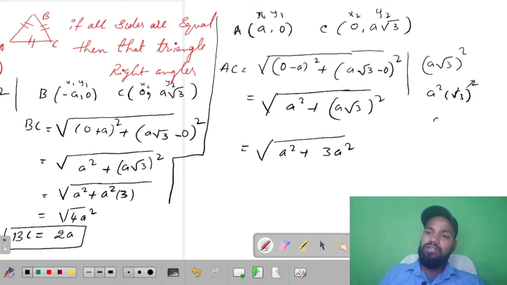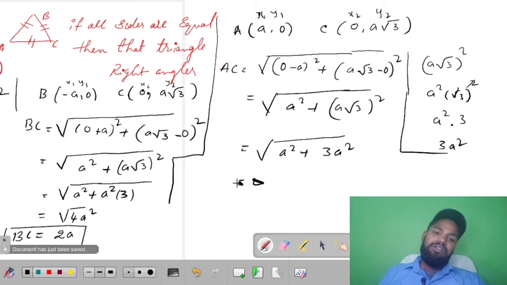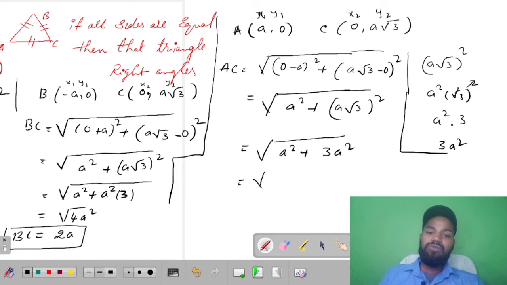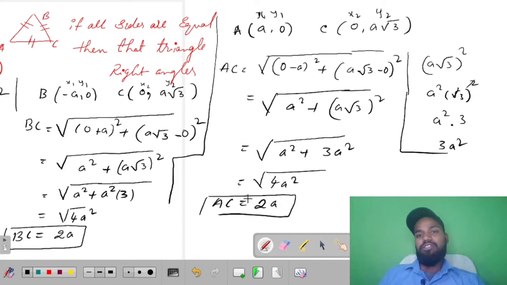That equals a into root a square into 3, that is nothing but 3a square. So that is nothing but under root a square plus 3a square, which is 4a square. That equals 2a, right? So AC equals 2a. So we found all three sides, right?